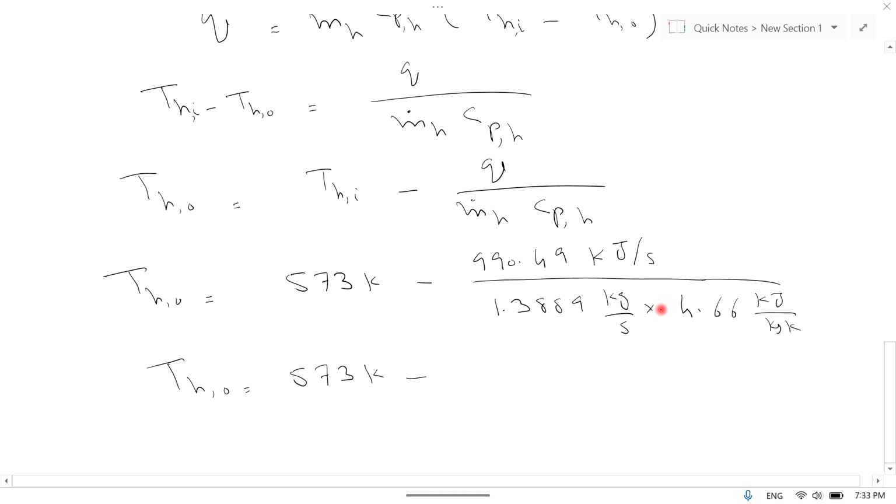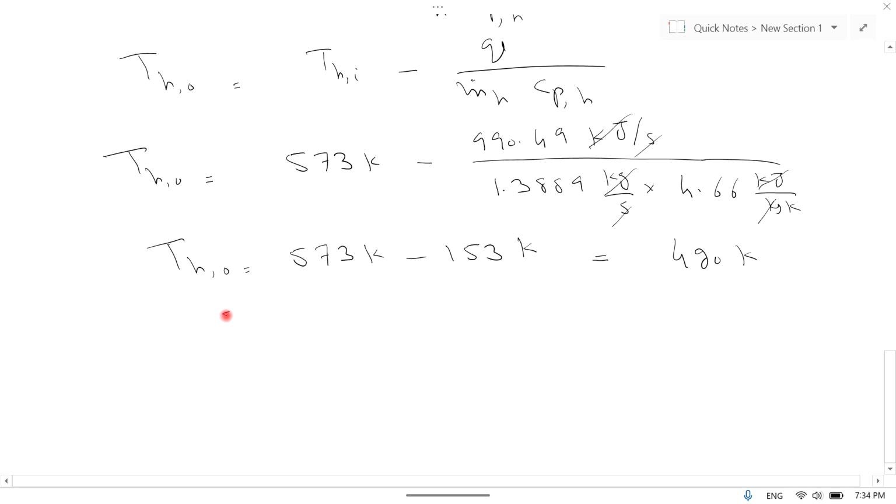Now simplify this value, which is equal to 153, and find the unit. Kilojoule will be cancelled with kilojoule, kilogram with kilogram, per second with per second. So per Kelvin, and with double division it will shift to the numerator. So 573 minus 153 is equal to 420 Kelvin.